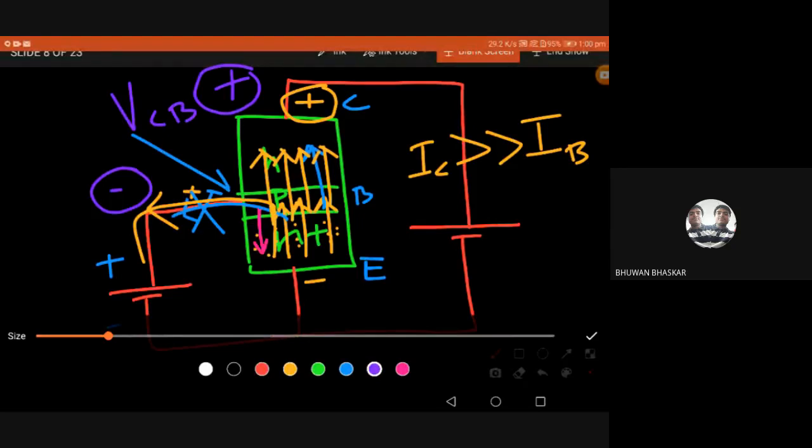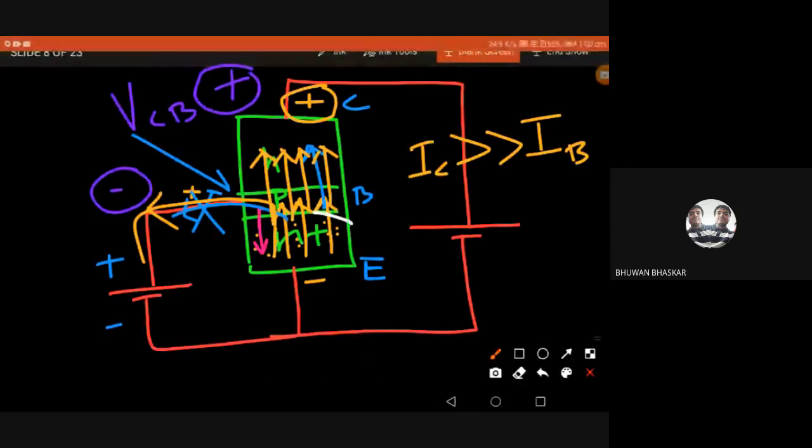And we pump in more and more. We dope the emitter very highly, that is N plus. We already have very high doping in the emitter terminal so that we have major generation. More of the electrons are generated from the emitter, emitted towards the base, and jump to the collector. At the same time, IB is very much less than IC.